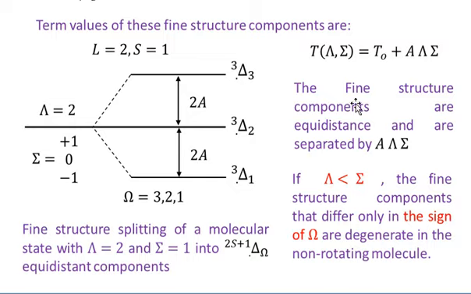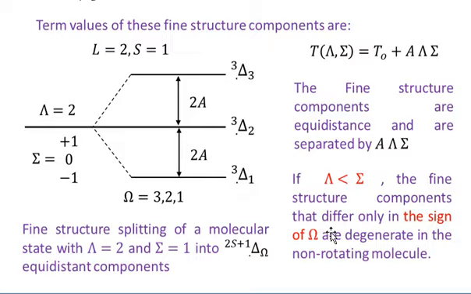Here I have discussed the case when lambda is greater than sigma, so lambda was 2, and sigma was equal to minus 1, 0 and plus 1. But if we discuss the case in which lambda is less than sigma, then of course there will be some components in which positive and negative sign quantities will both be present.